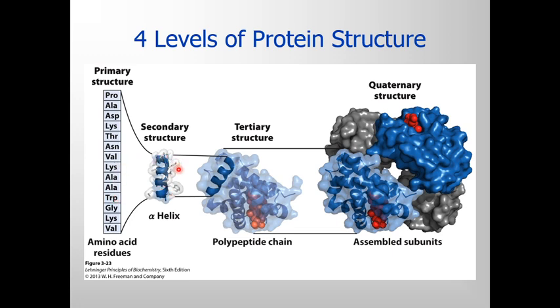Secondary structural elements combine together to form tertiary structures. When a protein has two or more polypeptide units, so another polypeptide unit like this, right, when it binds to it, this arrangement in space is referred to as quaternary structure. So these are the assembled subunits and forms the quaternary structure.